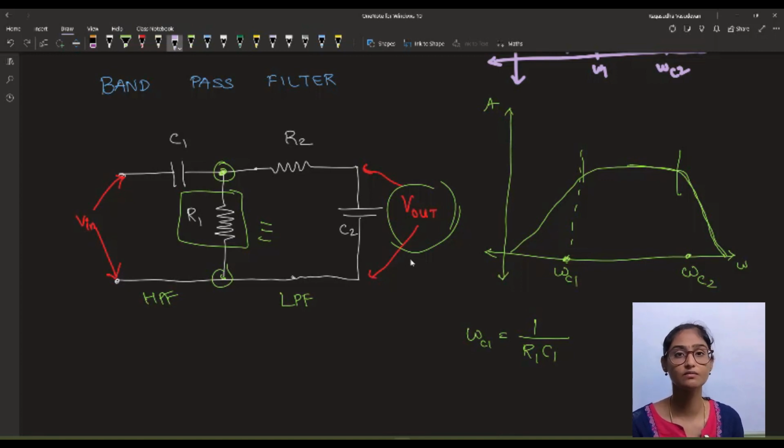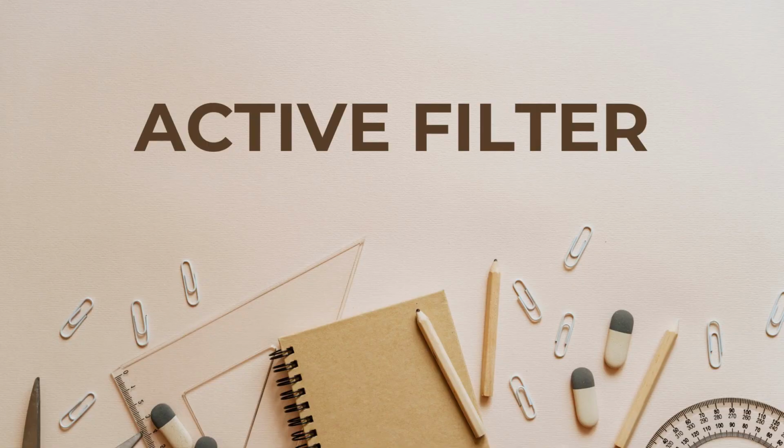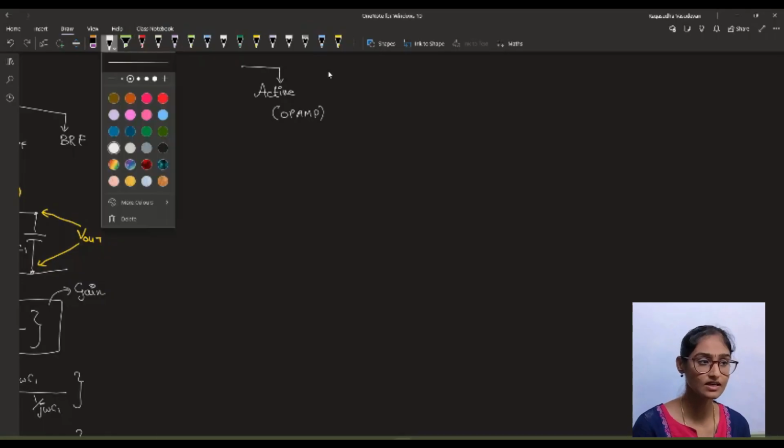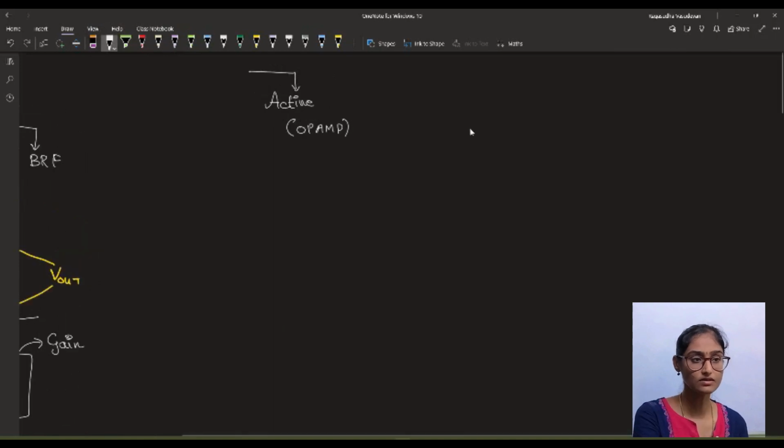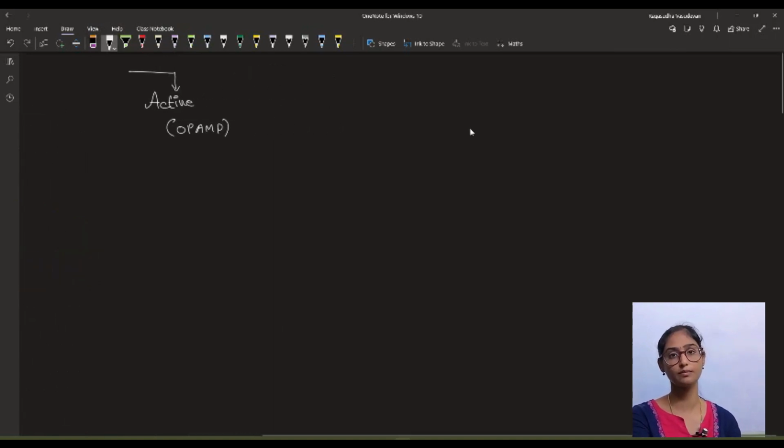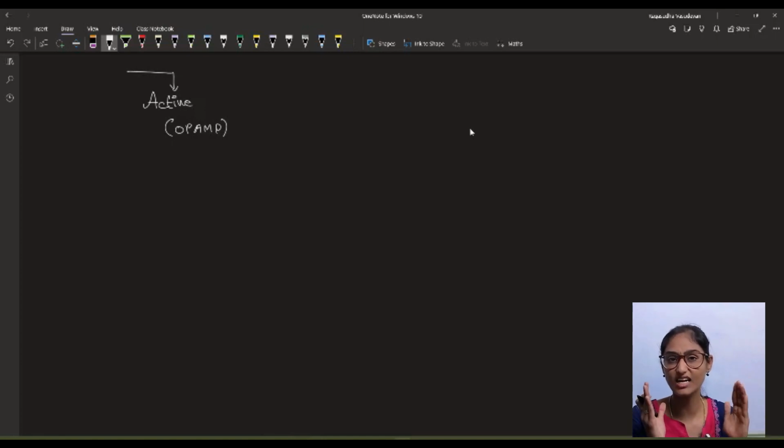Okay, now we will move to the active filters. Active filters are designed using OPAMP because we want some more out of the passive filter. We just don't want to select a particular frequency band, we also want to amplify that frequency band. That is the reason why we go for active filters.